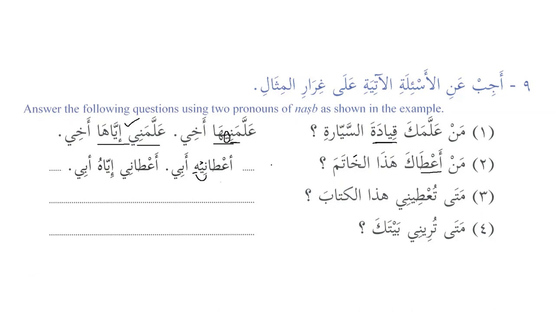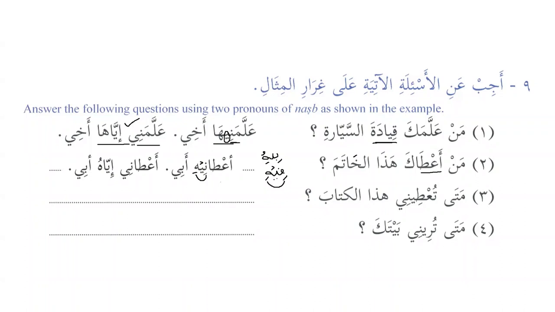So for example, we say هو, but if we have harf jar before it with kasra, then it becomes بِهِ, right? And similarly, when we want to say في هو, we can see that before هو we have ya and it is sakin, and then there is a kasra before that. So there are only two possibilities, that هو changes into هِ, and these two possibilities are over here. أعطانيه أبي وأعطاني إياه أبي.